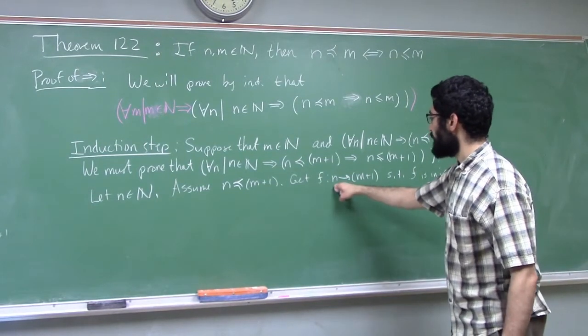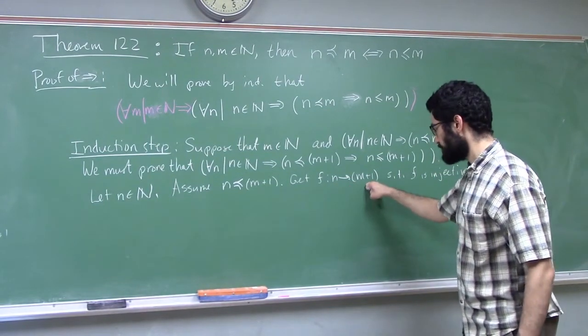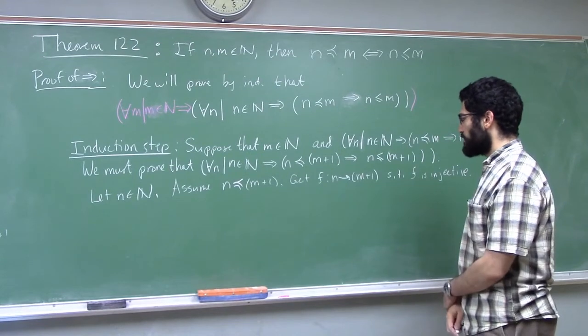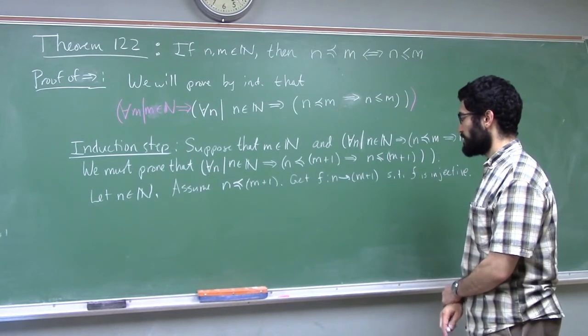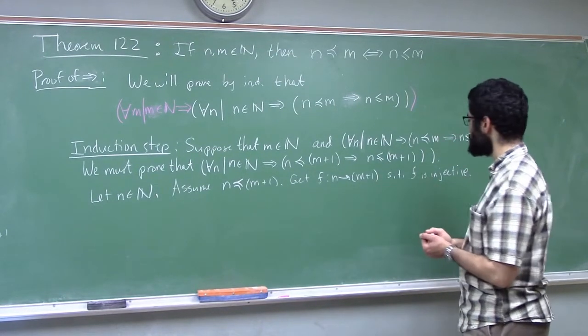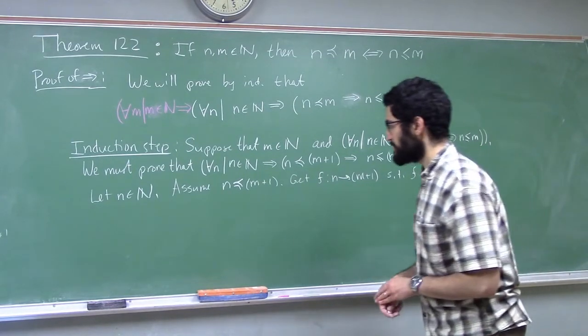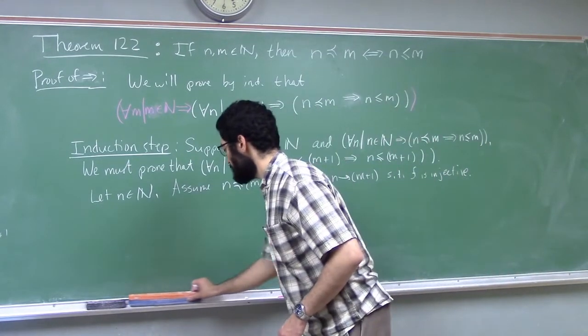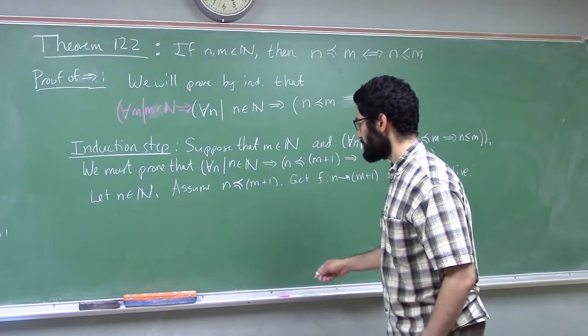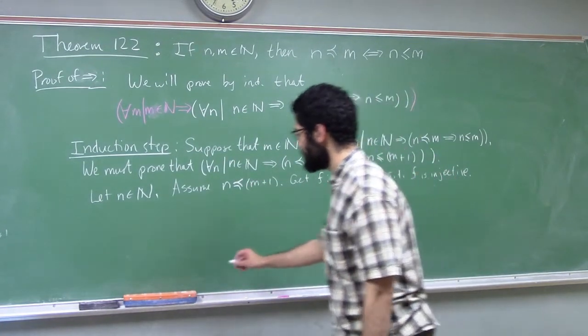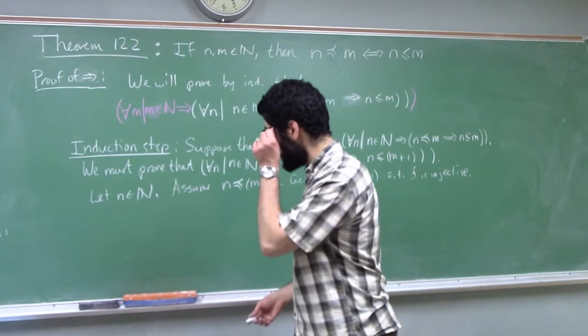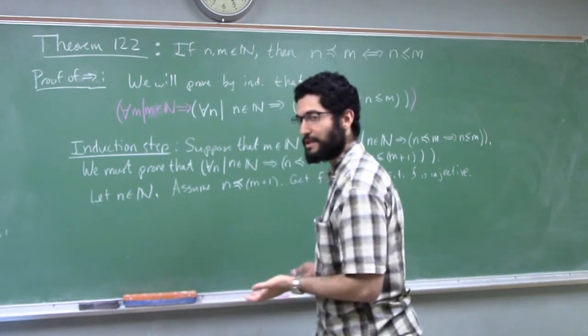Here I have a map from n to m plus 1. Alright. Can I somehow turn this into an injection from n to m? I don't know. Let's look at some examples. So let's go away from the proof for a moment and just consider some examples to see if there's an argument in there that can be generalized.